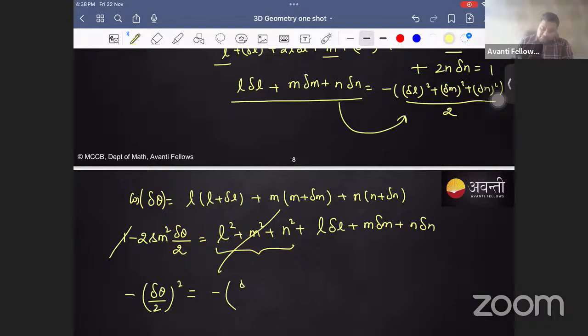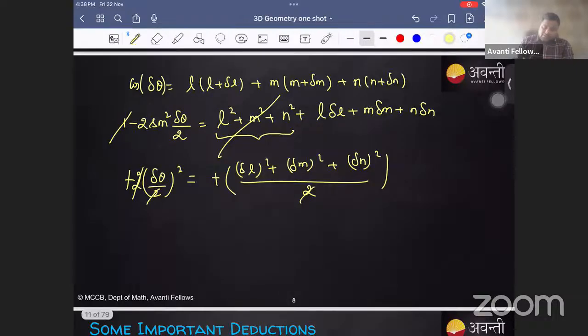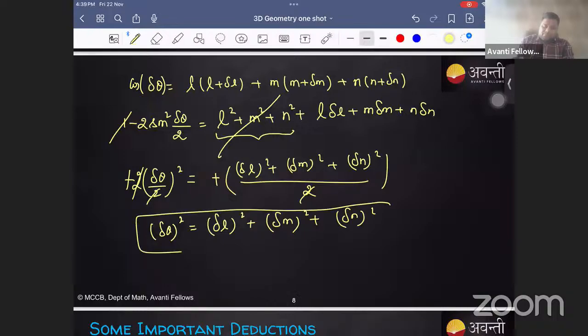So minus of, with the 2 outside, delta L whole square plus delta M whole square plus delta N whole square, whole divided by 2. All right, these minus minus goes plus, this entire 2 cancelled. So you get the result that delta theta square is delta L square plus delta M square plus delta N square. Got it?